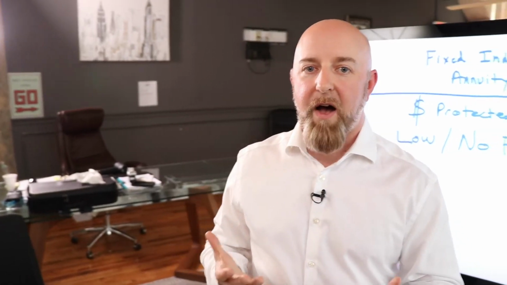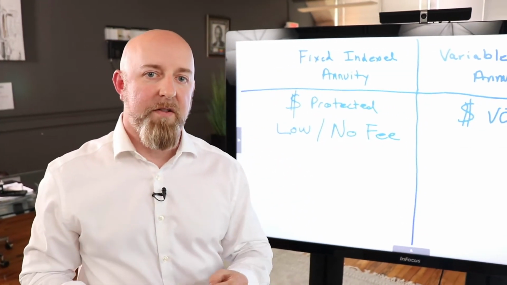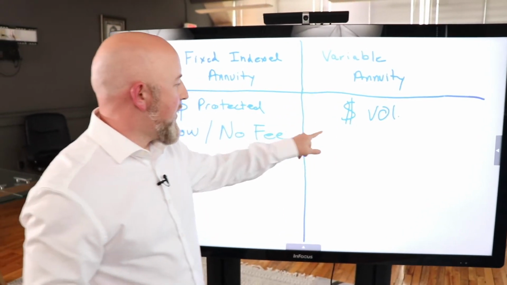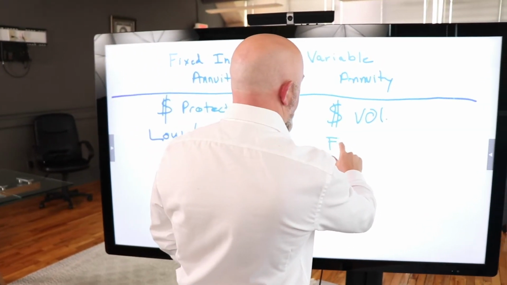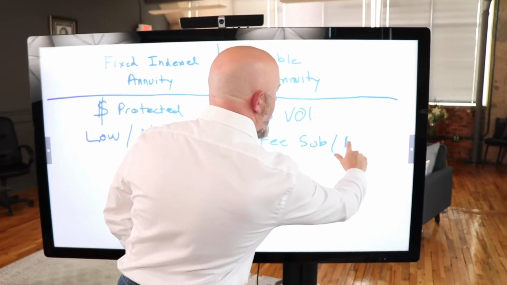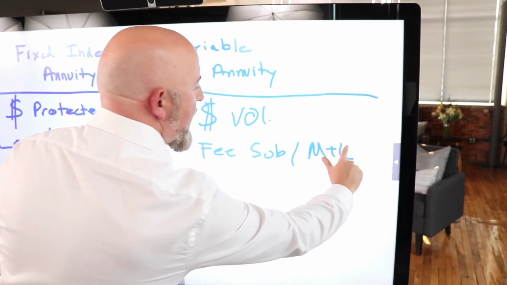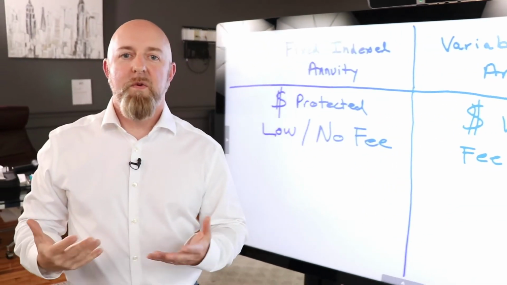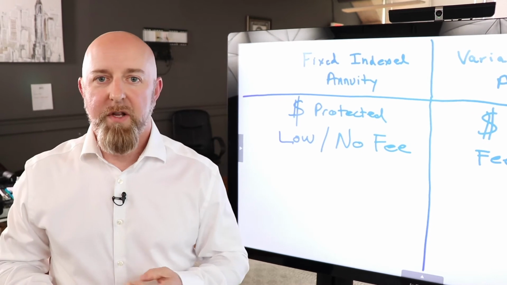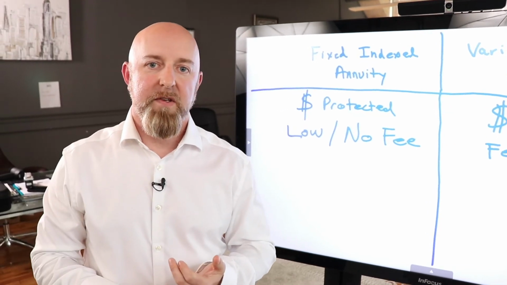When we hear about high fee annuities, a lot of times that was in these variable annuities, right? Because there's fees for the sub-account, there's fees for mortality credit. So you're saying, well, what's a mortality credit? What's an M&E charge? That's mortality and expenses.